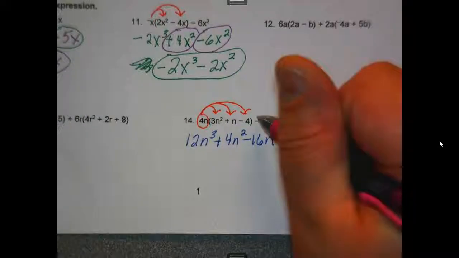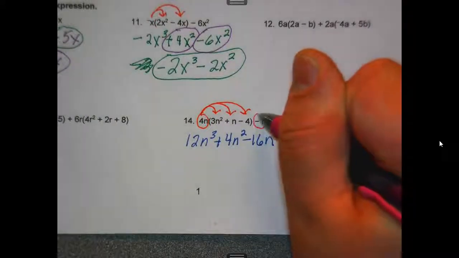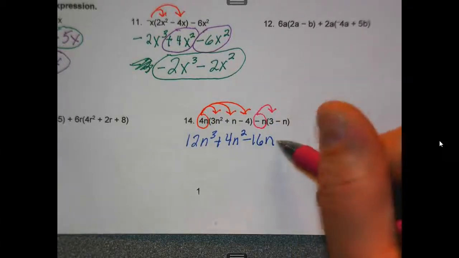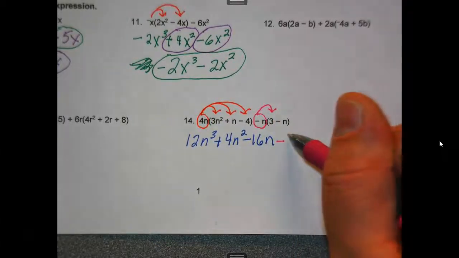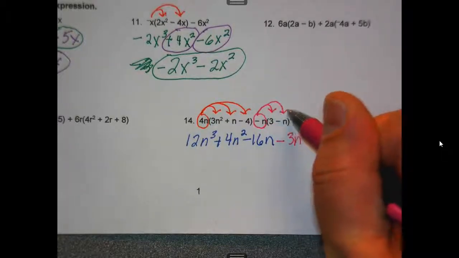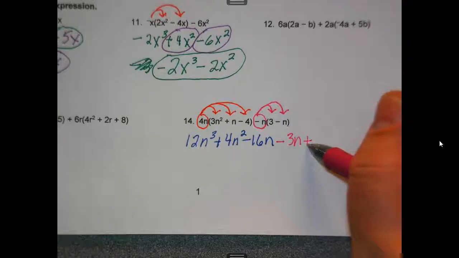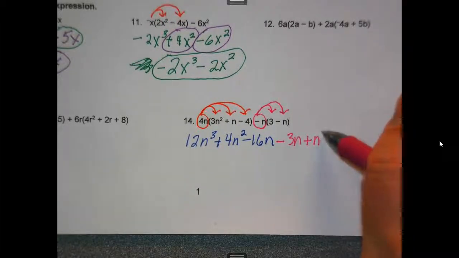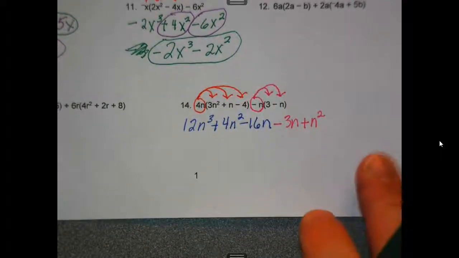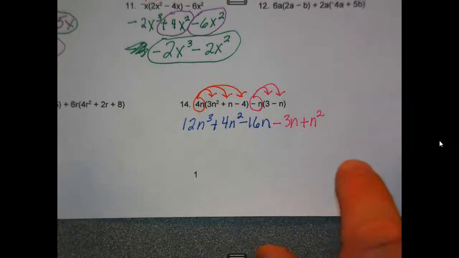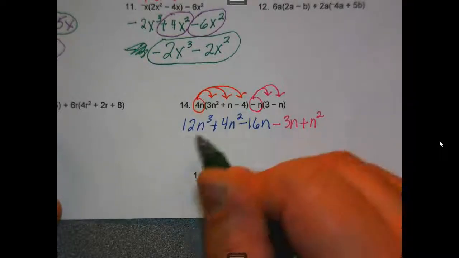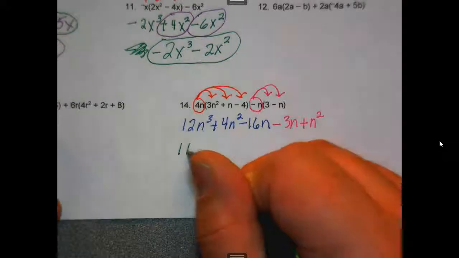Okay, I've got another minus n outside parentheses. So negative n times 3, negative 3n. Negative n times negative n, positive n squared. Good. Let's combine some like terms. Nothing I can do with the 12n cubed.